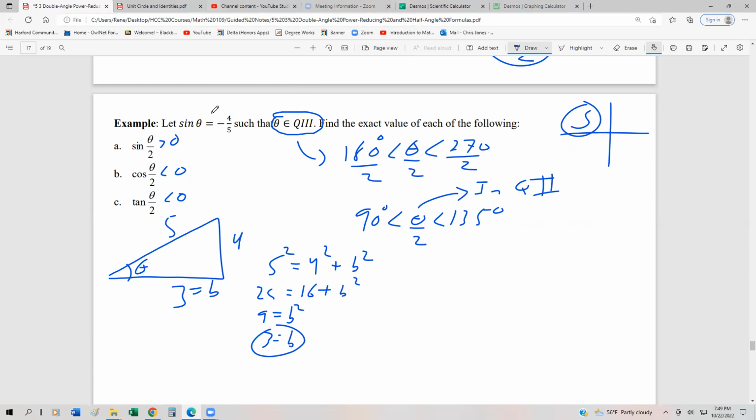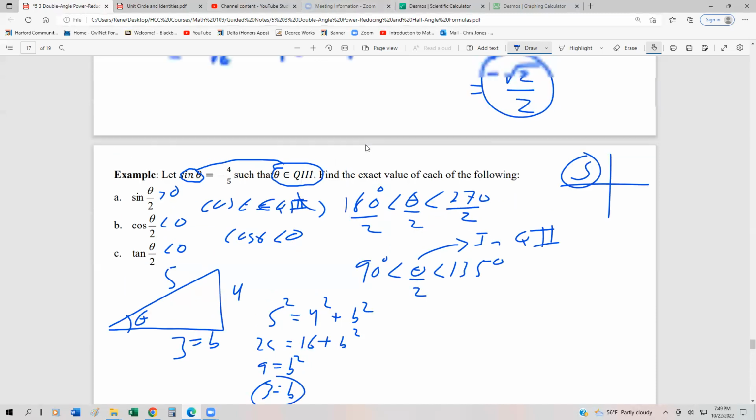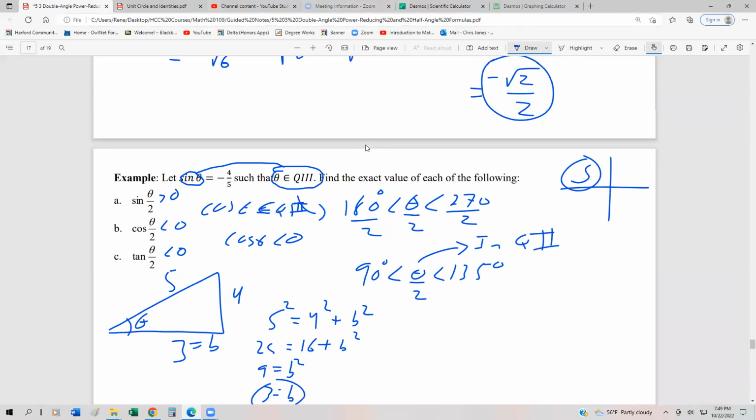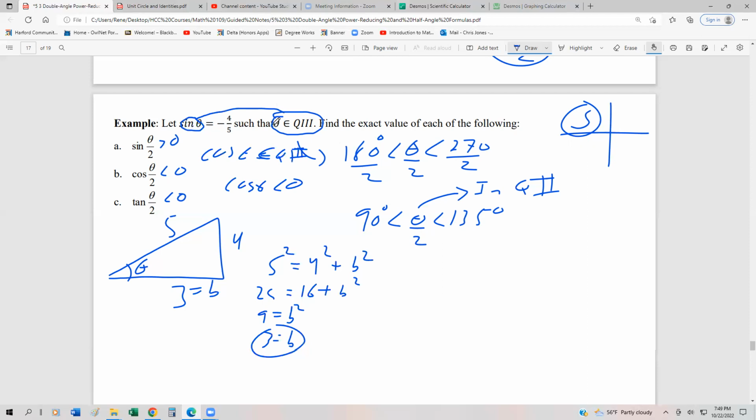One other thing to note: since the sine is in quadrant 3, that means that the cosine of theta is also in quadrant 3, which means that the cos of theta is also less than 0. So when we go through and compute this, we just have to make sure that we're using the correct sign.